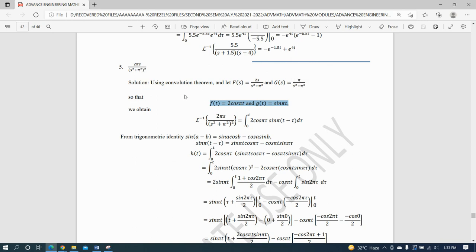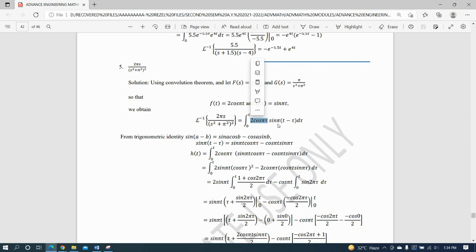Okay? So after we obtain your f of t and g of t, what is the next thing to do again? We determine the integral of f of tau g of t minus tau, the integral from 0 to t. So, if you notice, my 2 cosine pi t became 2 cosine pi tau. And my sine pi t became sine pi quantity t minus tau.